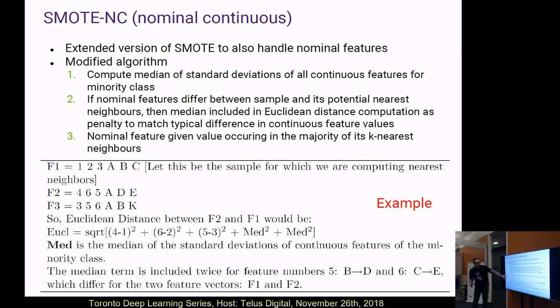So if you've got an example down here, let's say you've got feature 1, which is under consideration. Say 1, 2, 3, so that's continuous values, and then A, B, C, which is nominal values, and these are the 2 nearest neighbors. They calculate the Euclidean distance as your usual Euclidean distance for your continuous values, and then they added this median squared for the other 2 features that appeared there.